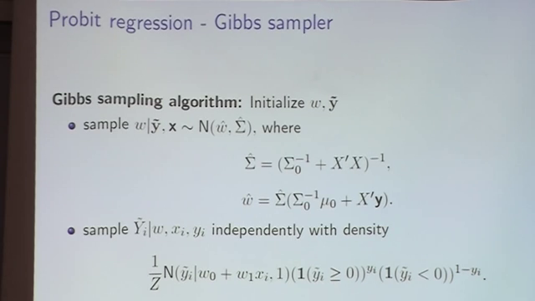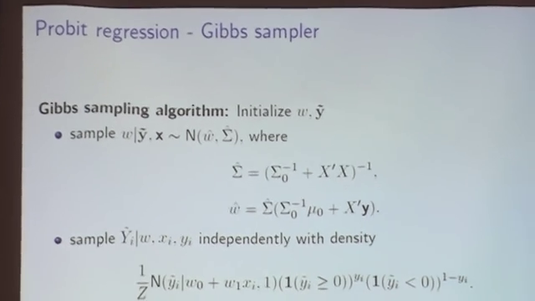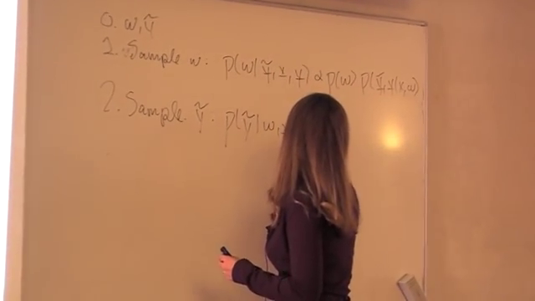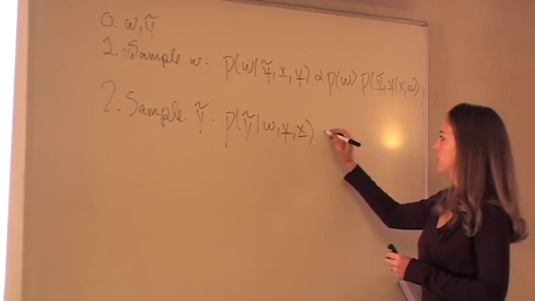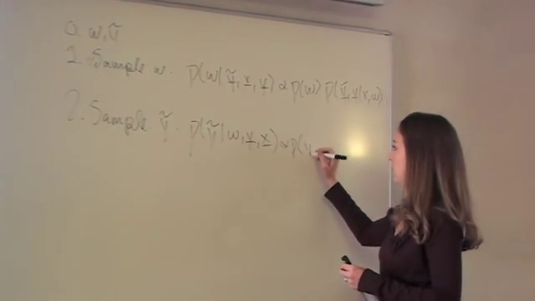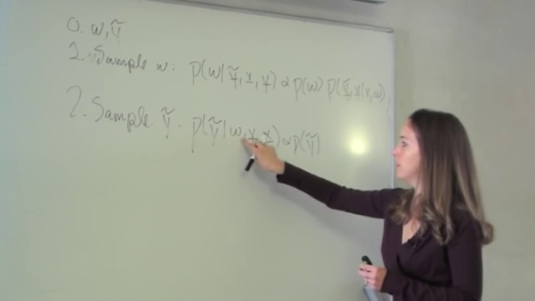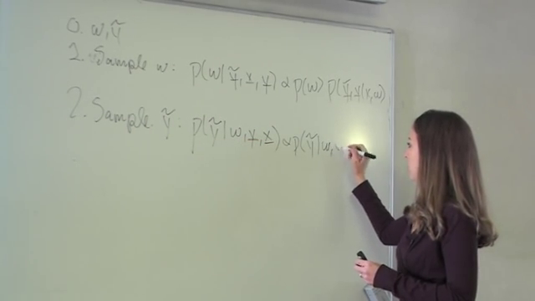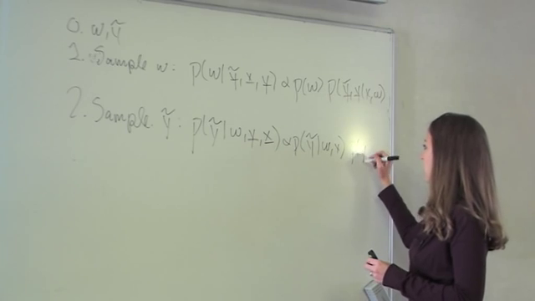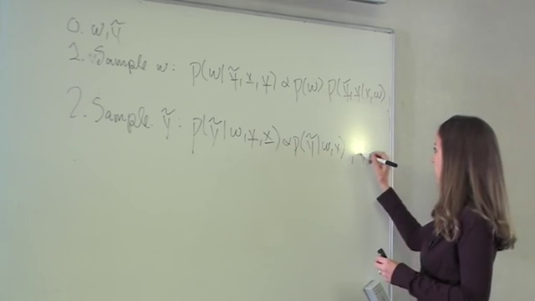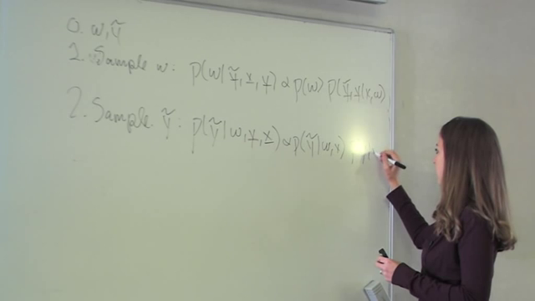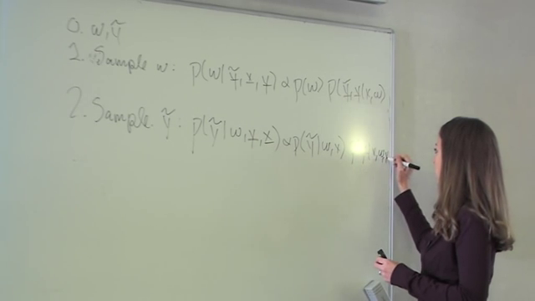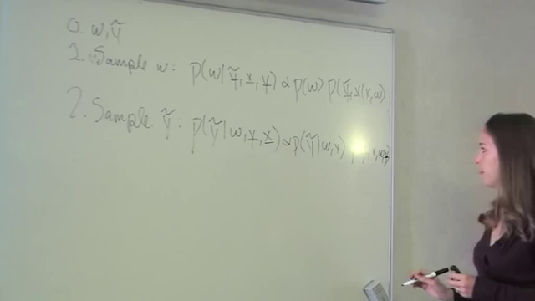Step 2 is to sample y tilde from its full conditional, y tilde given W, y, and x. This is proportional to the density of y tilde given W and x, times the density of y given x, W, and y tilde.